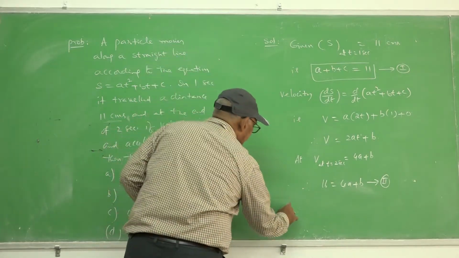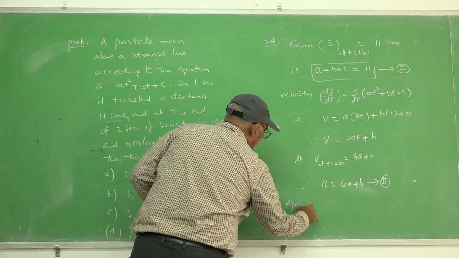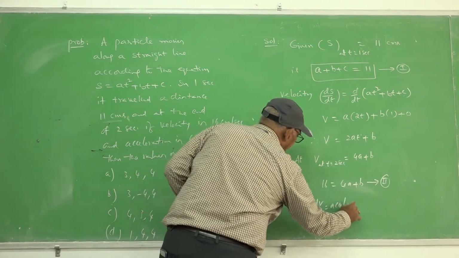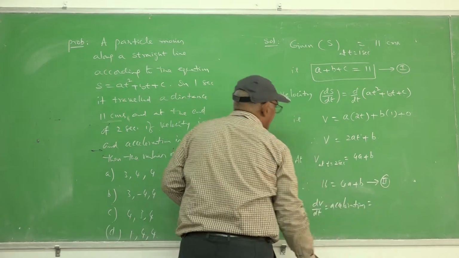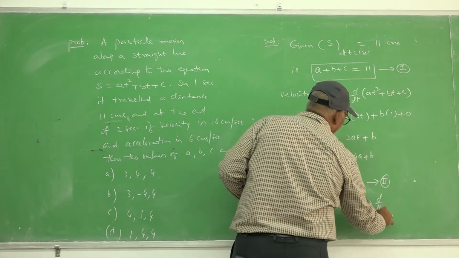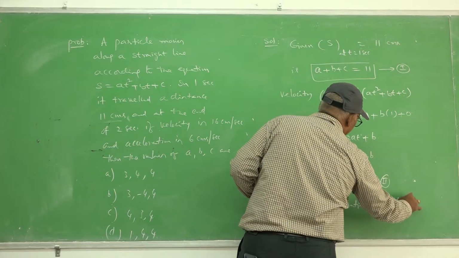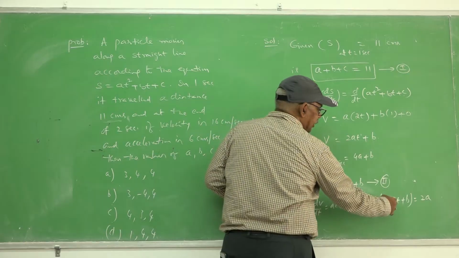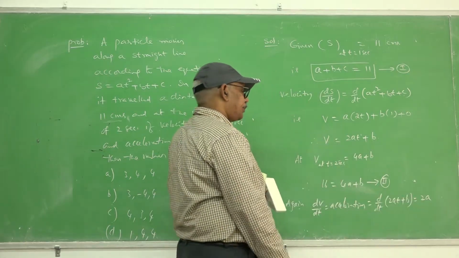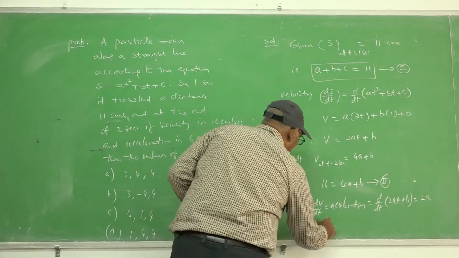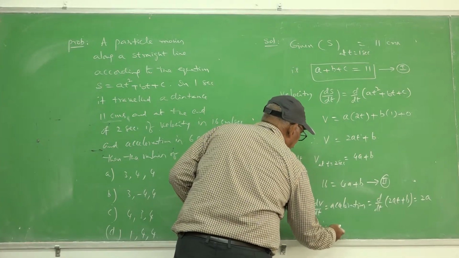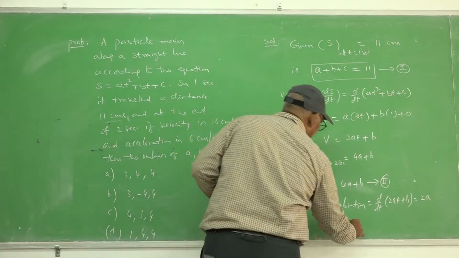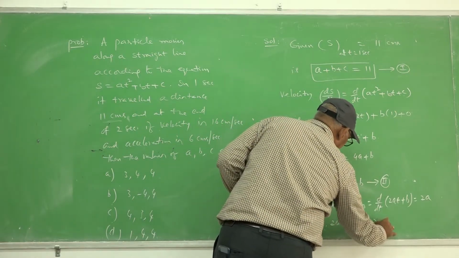Similarly, acceleration is dv by dt, which is d by dt of v, where v is 2At plus B, which gives 2A itself. For 2At it is 2A, and for the constant B it is 0. But dv by dt at t equal to 2, that is 2A, is given as acceleration, 6 centimeters per second square. This is the third one.